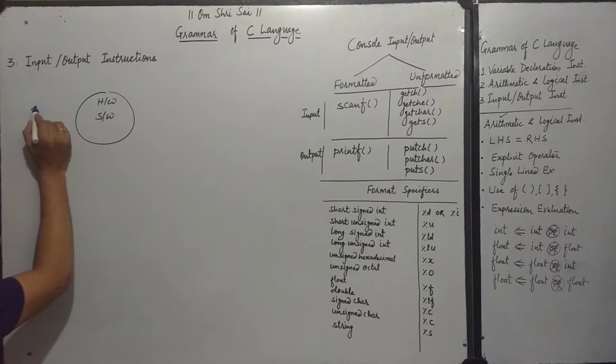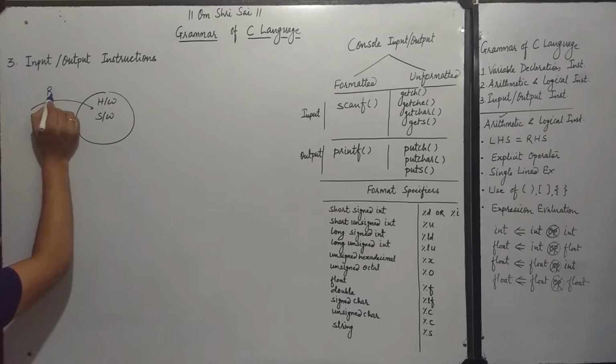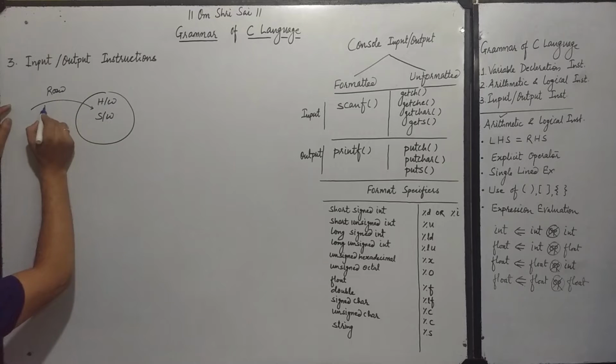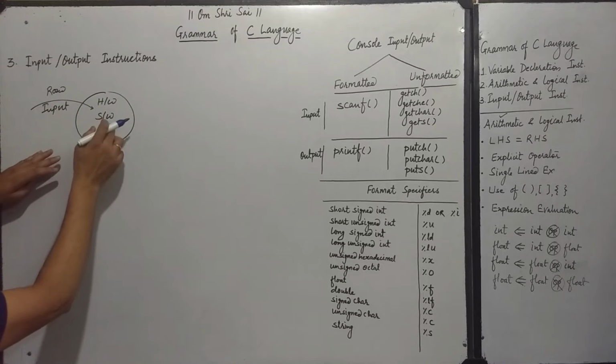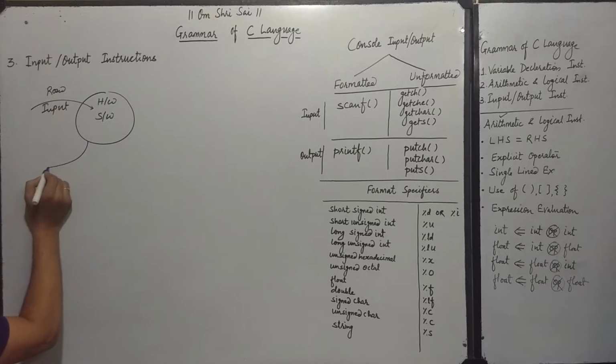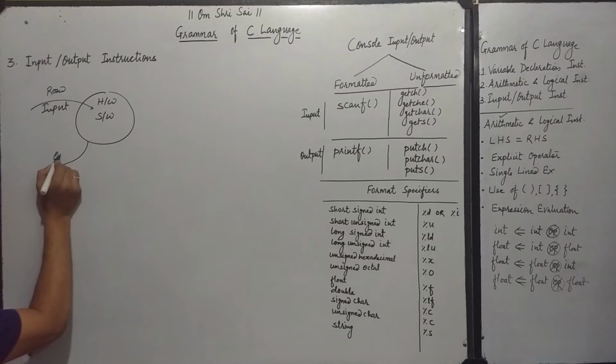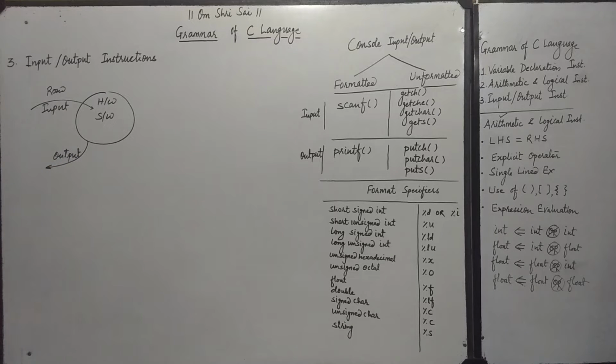So whatever raw that we provide to any system, that is known as the input to the system. That input is processed in this system, and whatever outcome is there is known as output. So this is the simple definition of input and output.